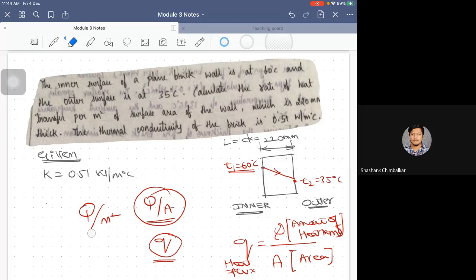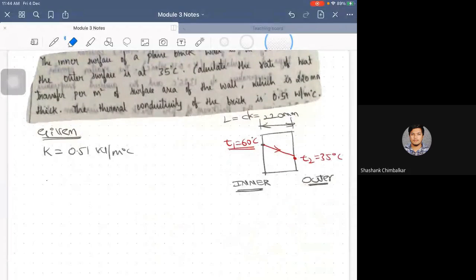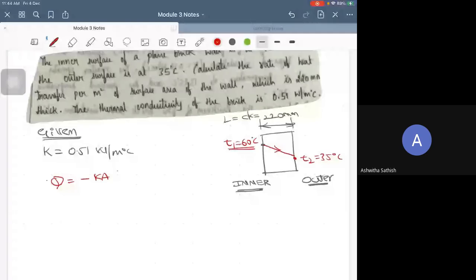So how are we supposed to solve it? Yes, how are we supposed to solve this problem? So I need to calculate the value of q. How? Q is equal to minus k A dT by dx.